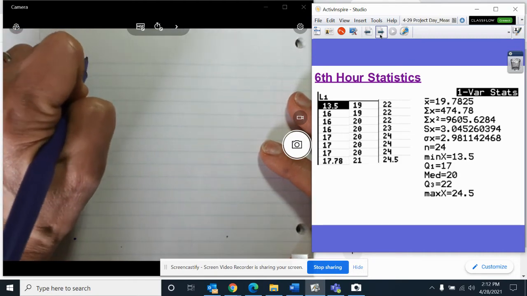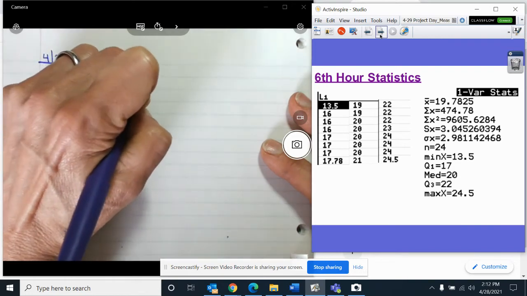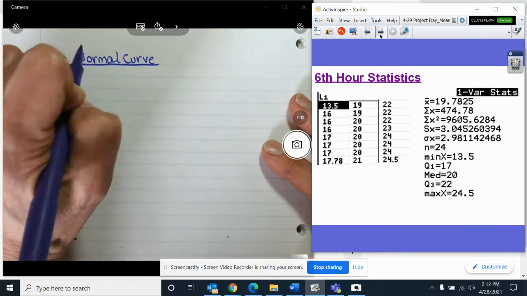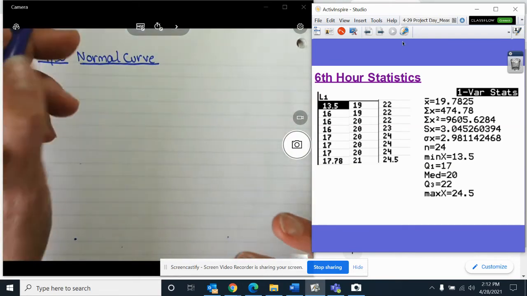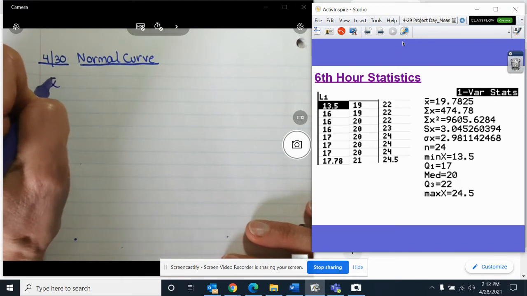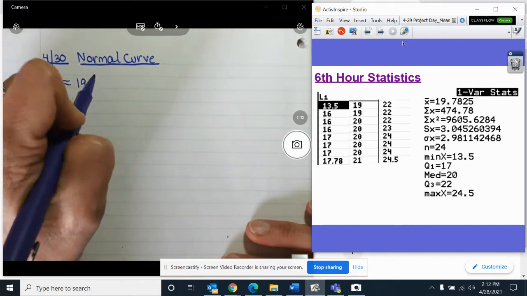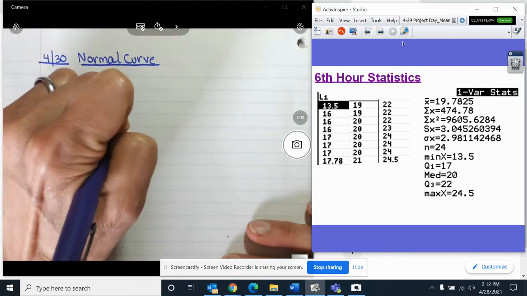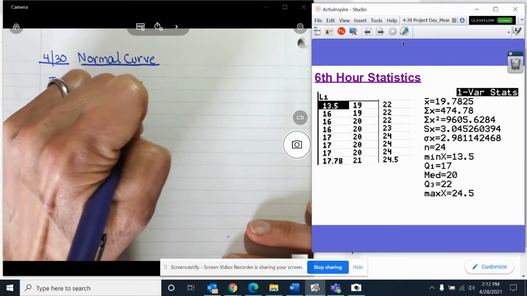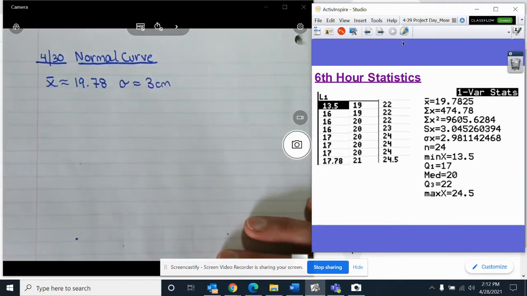So now we're going to focus on the normal curve. And the information that we will need is the mean and the standard deviation. So let's record that again. 19.78 with our standard deviation about 3 centimeters.